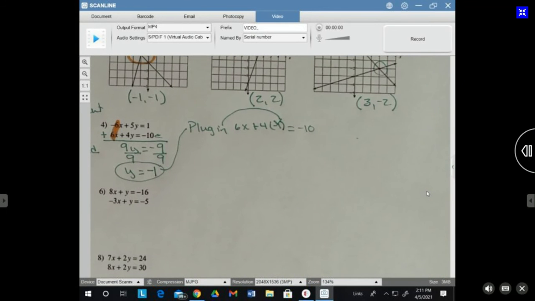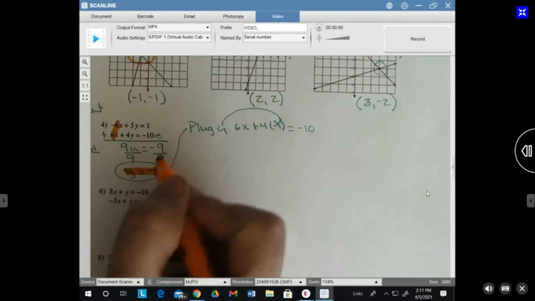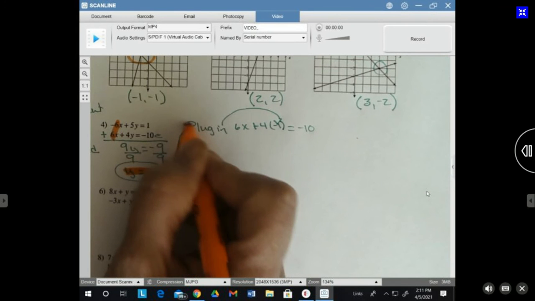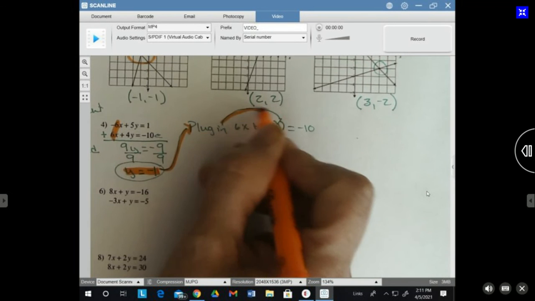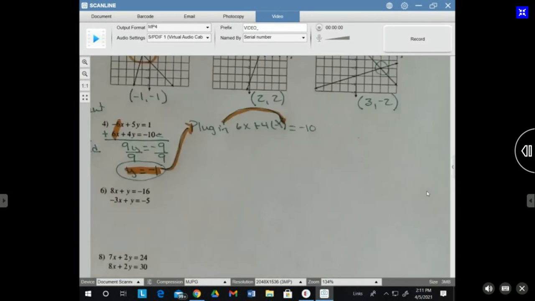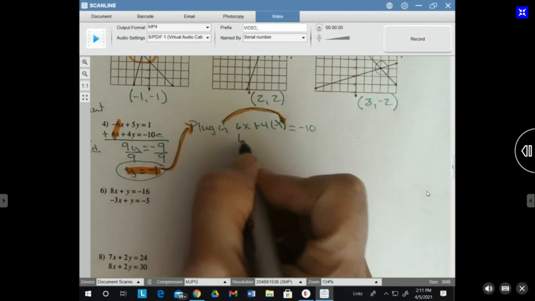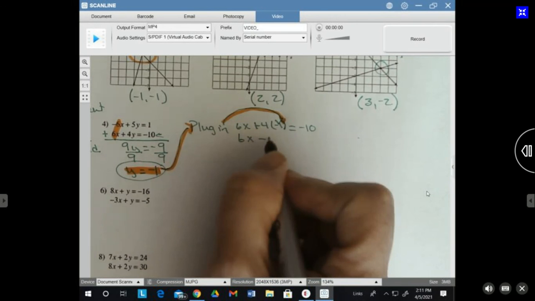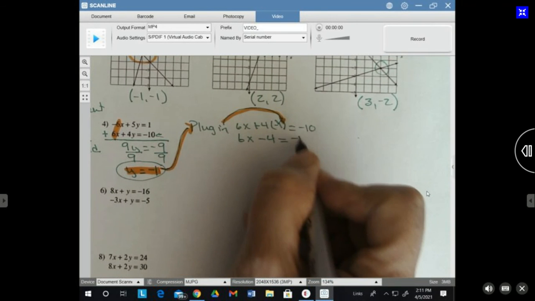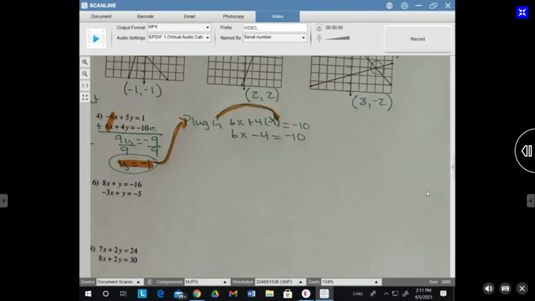I'm going to plug y equals negative 1 in to where the y is. So what's 4 times negative 4... negative 4. So now I have 6x minus 4 equals negative 10.